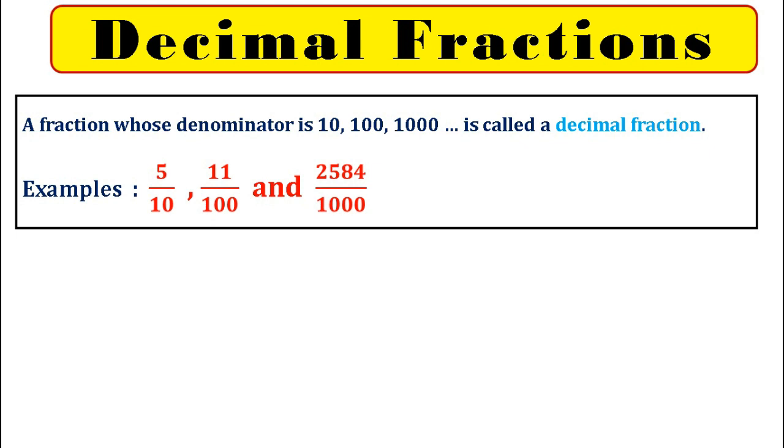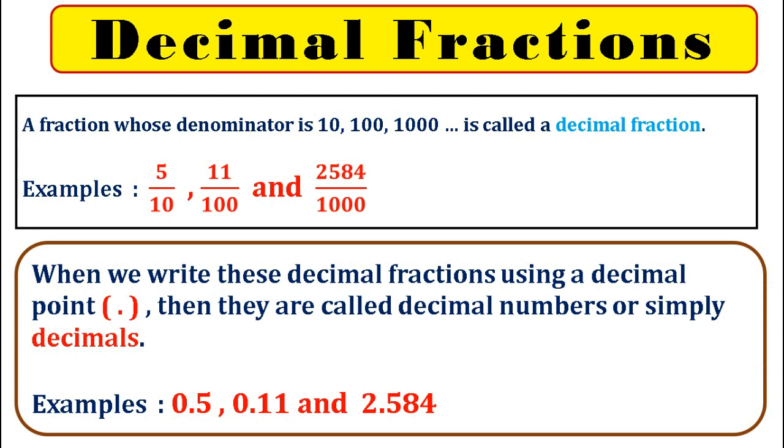It's very simple. When we write these decimal fractions using a decimal point, that is a dot, then they are called decimal numbers or simply decimals. Examples of some decimal numbers are 0.5, 0.11 and 2.584.